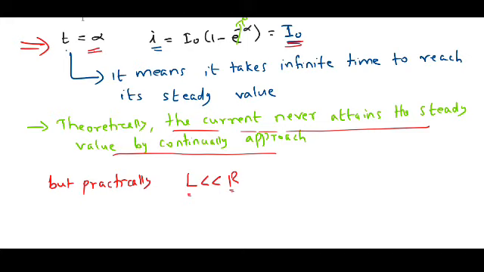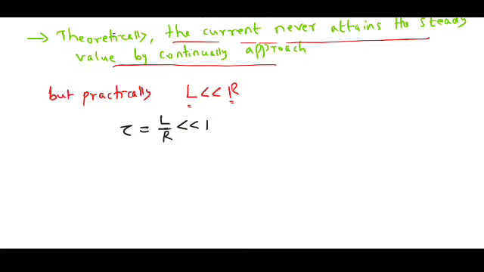Therefore, the relaxation time, defined as tau equal to L by R, will be very much less than 1. If L is very much less than R, the ratio L by R will be very much less than 1.